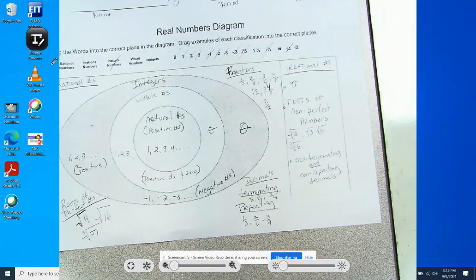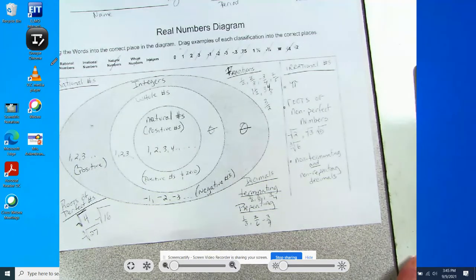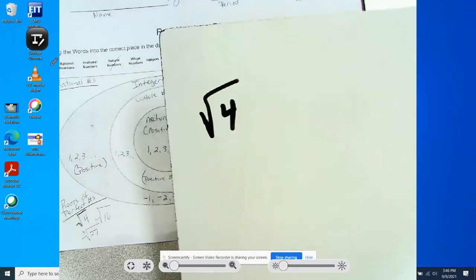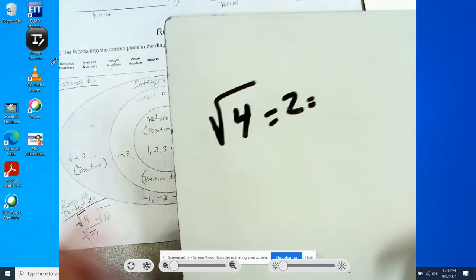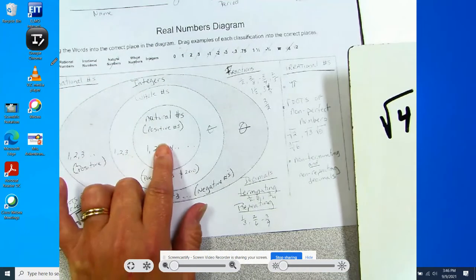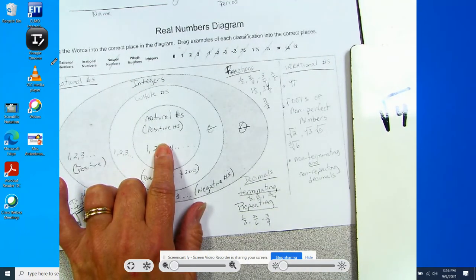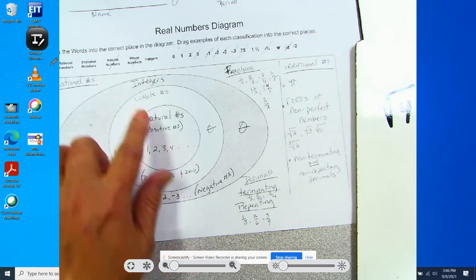Okay? If I gave you something like the square root of 4, the square root of 4 equals 2. Now, 2, we can see, is a natural number. It's also a whole number.